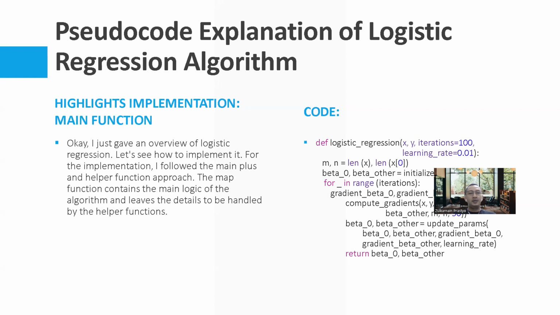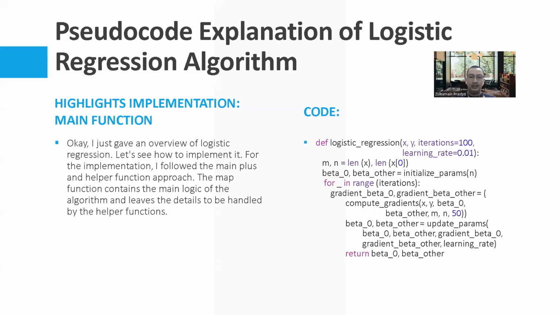So the next agenda item is the pseudocode explanation of the logistic regression algorithm, which highlights the implementation of the main function. This is the code.